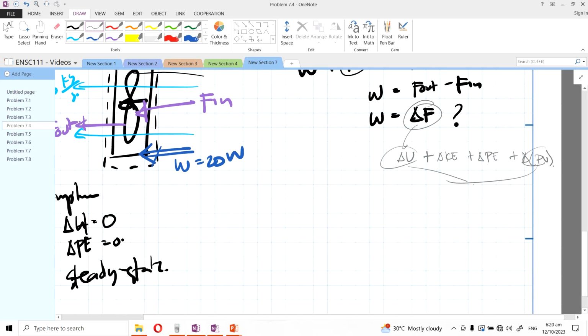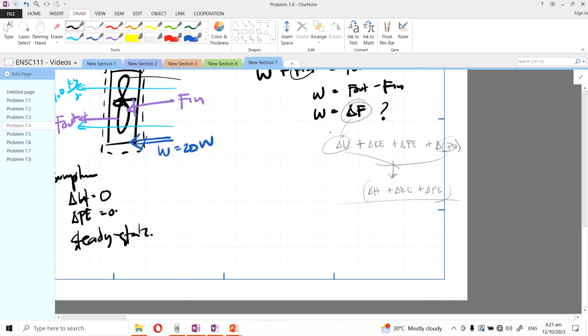Since U plus PV simplifies to delta H, it is delta H plus delta KE plus delta PE. So work is equal to delta H plus delta KE plus delta PE.